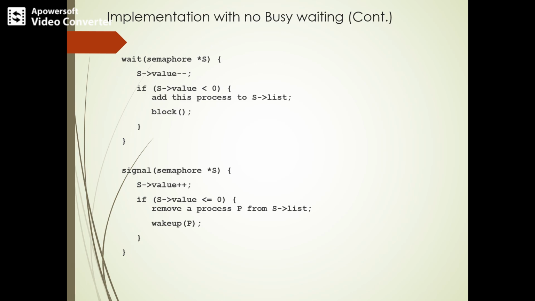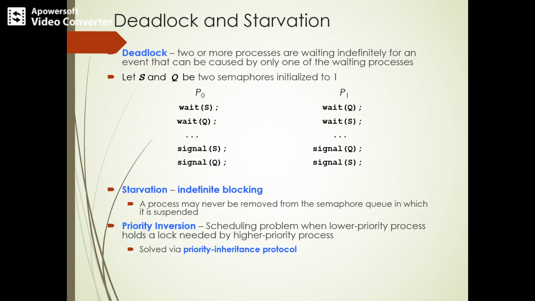The blocked process should be restarted when some other process executes the signal operation. Signal means the semaphore count is incremented, and whenever it is less than or equal to 0, it removes the process from the block list and resumes the operation of the blocked process.